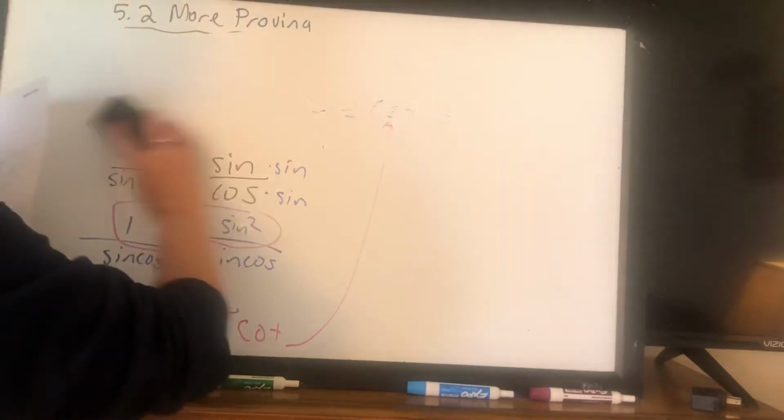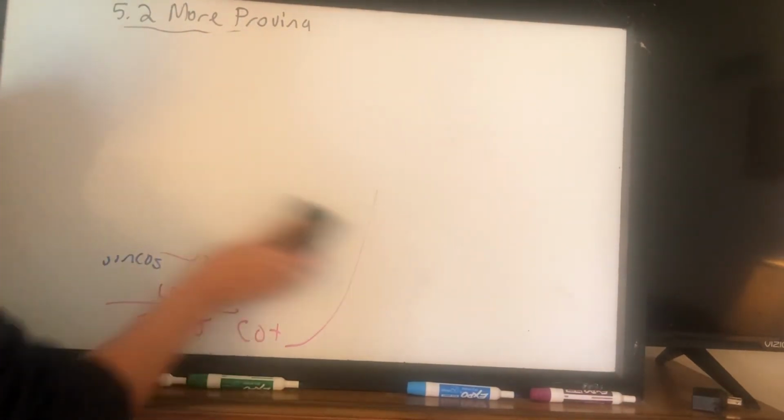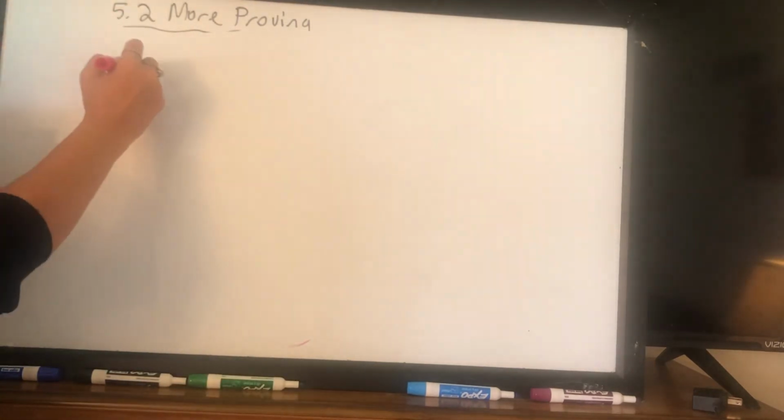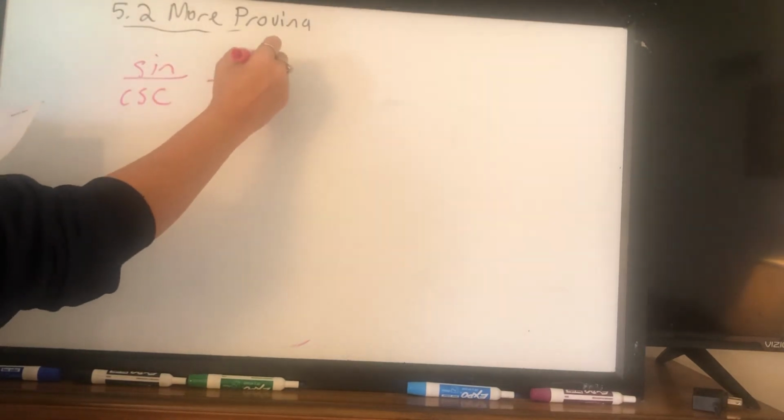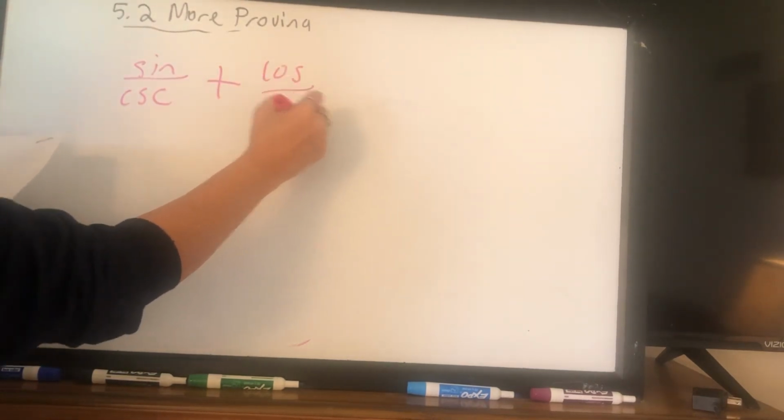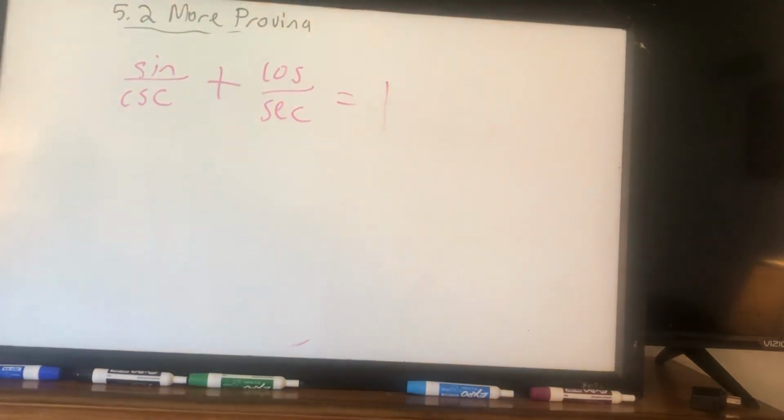Here's another one that's going to talk about reciprocal identities. We've got sine over cosecant plus cosine over secant, and we need to make it equal 1.